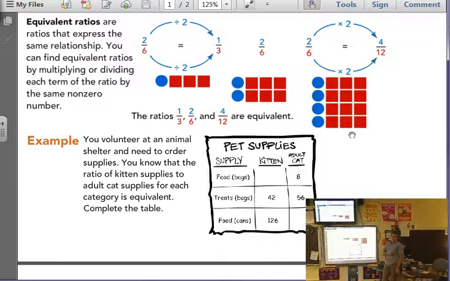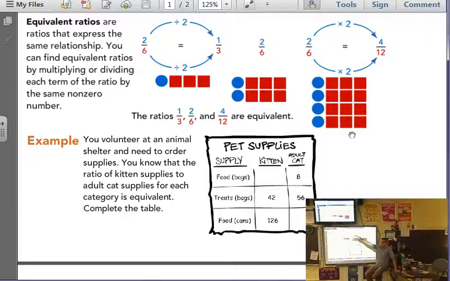Well, equivalent ratios is nothing more than a reduction of the fraction or a multiplication of the fraction. So if I want an equivalent ratio for 2 compared to 6, I could reduce that down to 1/3, or I could multiply it up to 4/12.